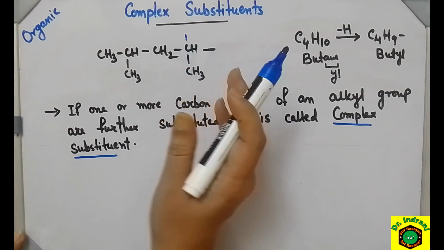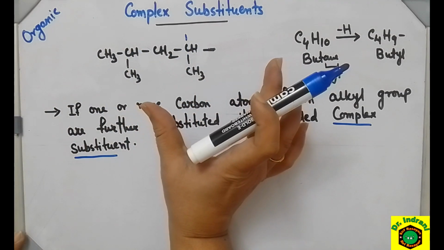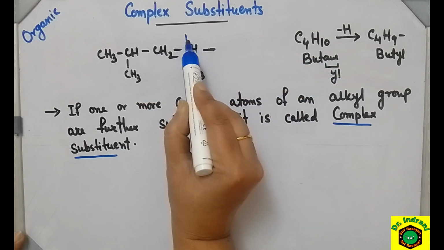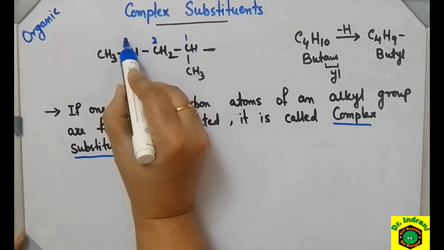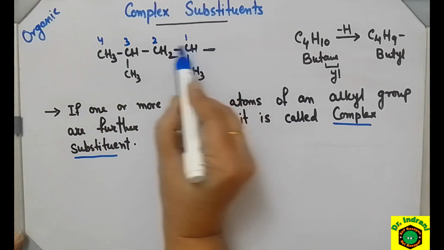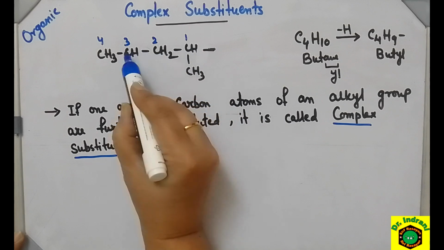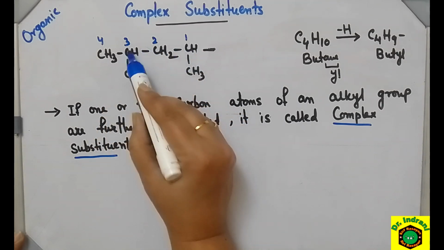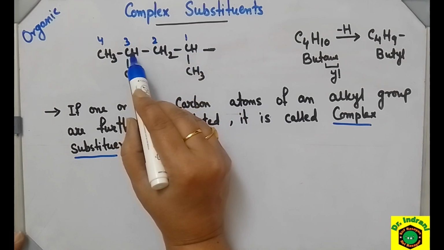Then the same rule as alkane: you have to consider the longest chain and start numbering from that carbon which is attached to the parent chain. If this is 1, this is 2, this is 3, this is 4, because this is your longest carbon chain. This one also you can consider, a similar result you will get because it is having 1, 2, 3, 4 carbon atoms and at 1 and 3 methyl substituent is there.